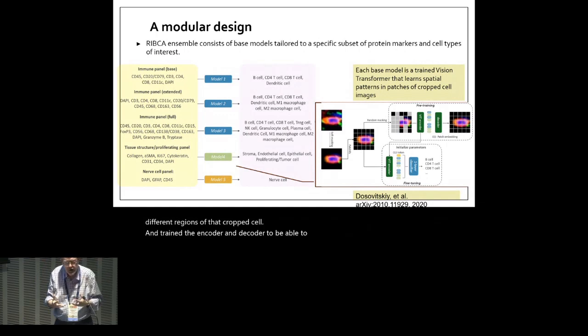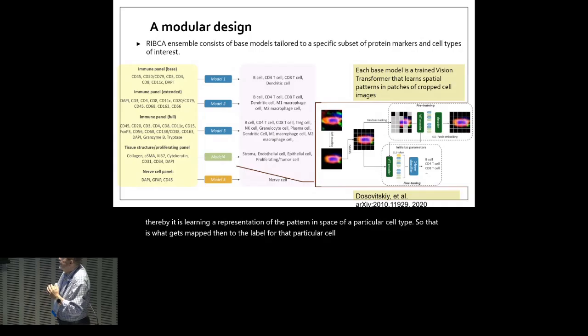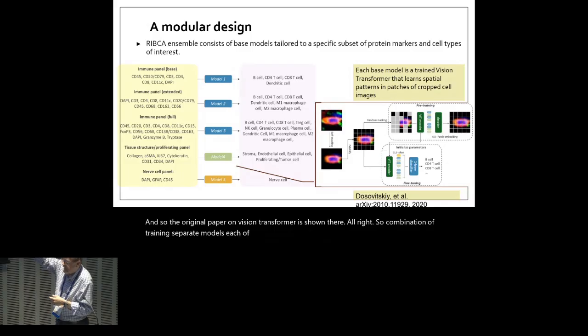And thereby it is learning a representation of the pattern in space of a particular cell type. So that is what gets mapped then to the label for that particular cell type. The original paper on vision transformer is shown there. All right. So combination of training separate models, each of which can learn to recognize different cell types, and this base approach to building each of those models using vision transformer.